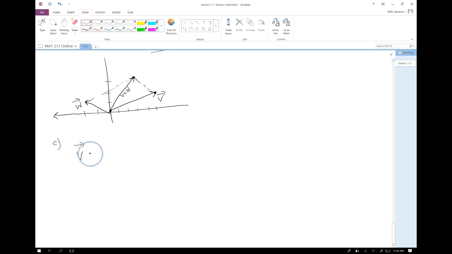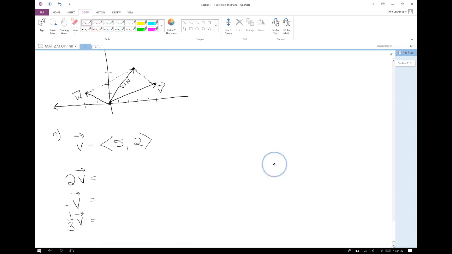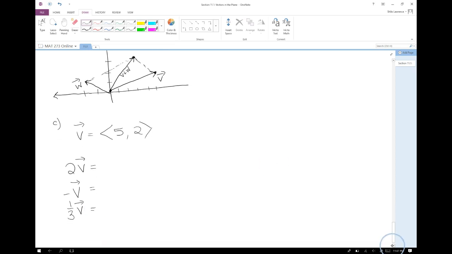So we just said that vector v had components 5, 2. And we are going to figure out what 2v is, and what -v is, and what 1/3 v is. Algebraically, these are very easy. All we have to do is distribute those scalars into both of our components.